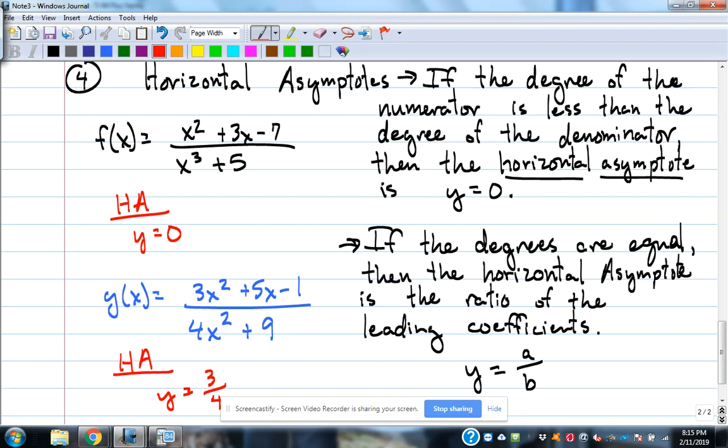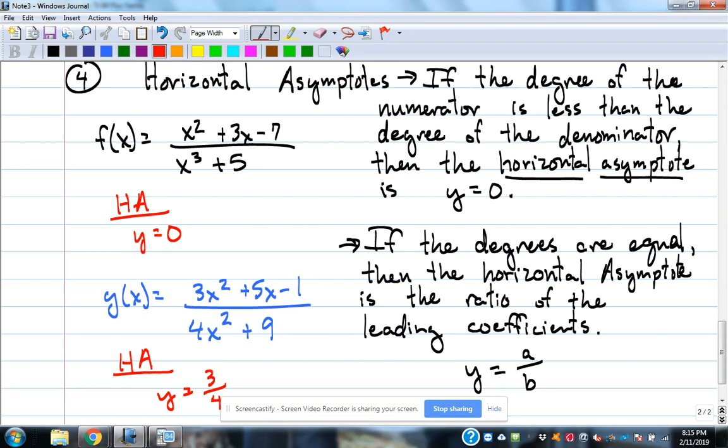Degree of this one is 2. Degree of this is 3. Highest exponent. That's all you're looking at is the exponent on the variable. If the top is smaller than the bottom, automatically the horizontal asymptote is at y equals 0. On this example, you got squared and squared. They're the same. If they're equal, you take the ratio of the leading coefficients. That's the number in front of that variable. So 3/4. That's where the horizontal asymptote is.